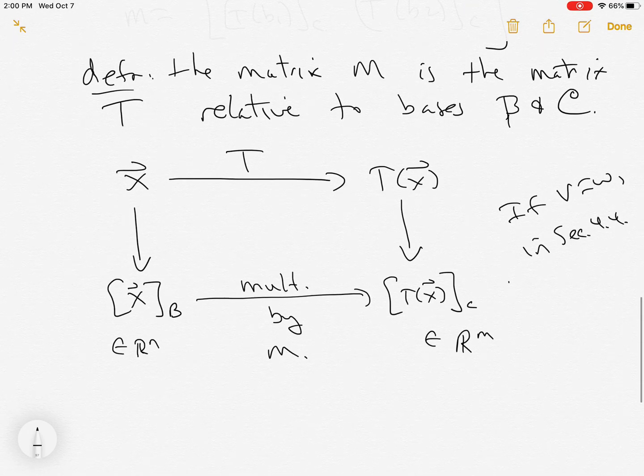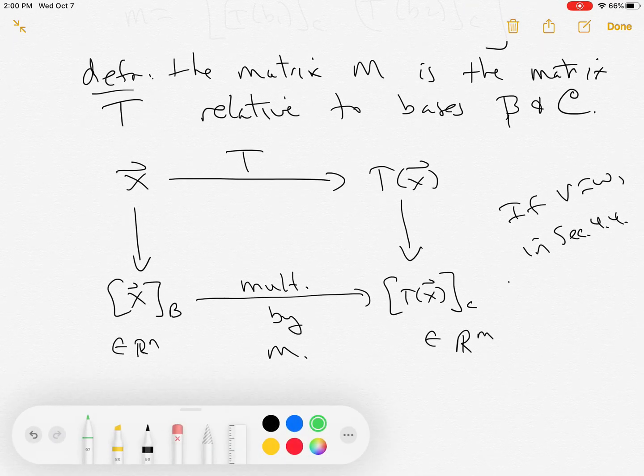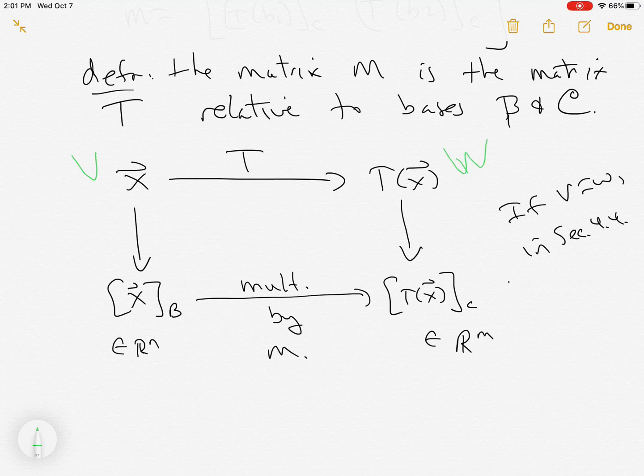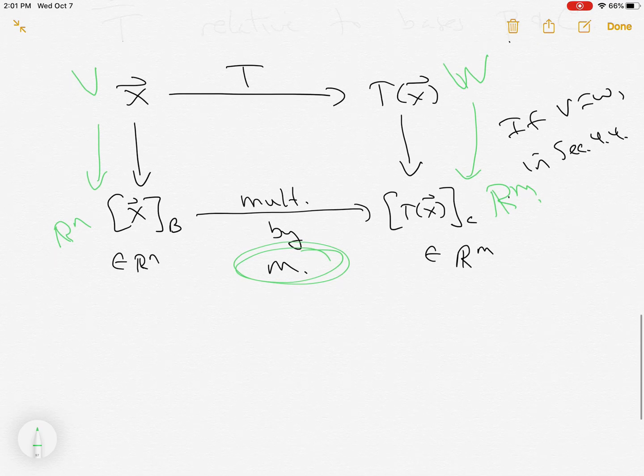So again, we start over here in V with a random vector, and we send it to W, but we don't like working in this realm. So instead we translate this guy to Rn and this guy to Rm, and then relate them by a matrix, because any linear transformation from Rn to Rm has a matrix assigned to it. We learned that way early in the term.